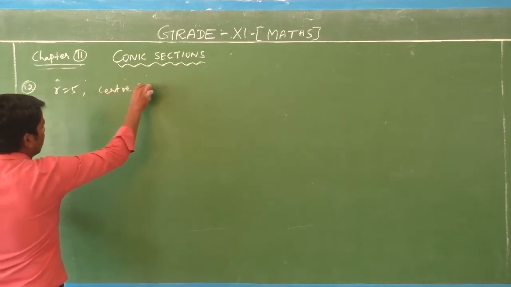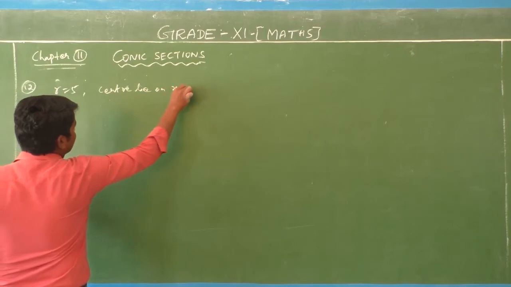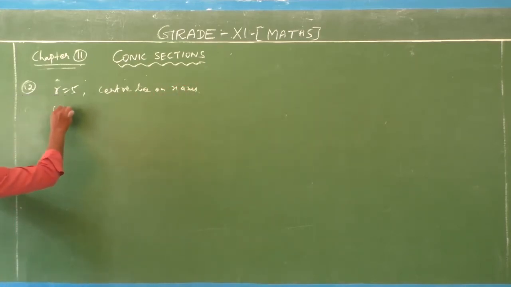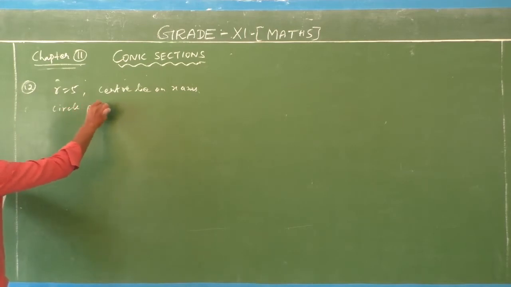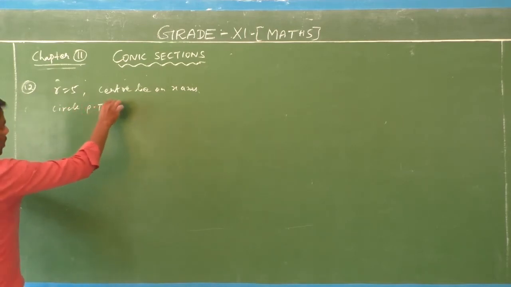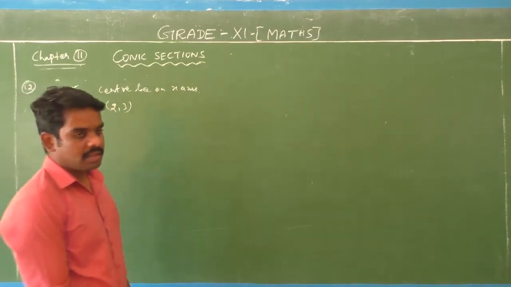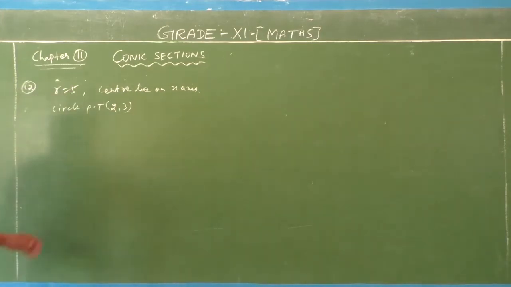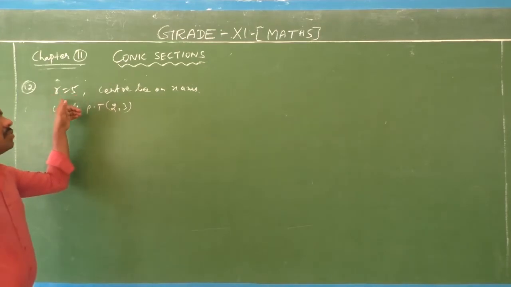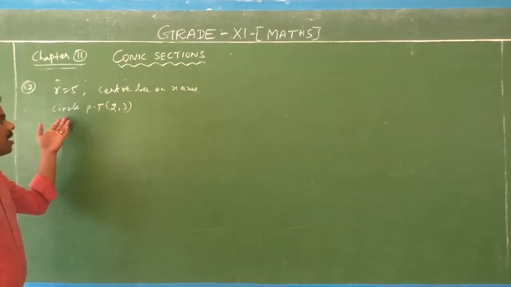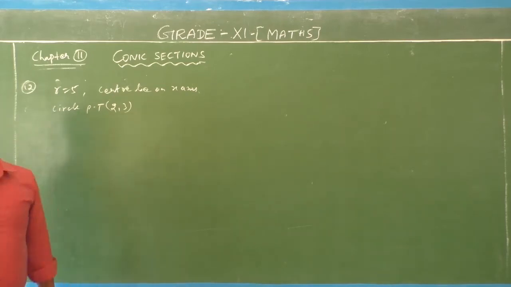This is the given information. Listen. The radius of the circle is 5 units, the center of the circle lies on the x-axis, and the circle passes through (2, 3). Find the equation of the circle.